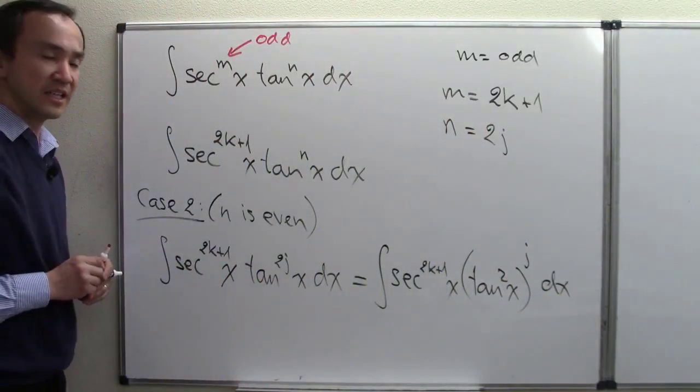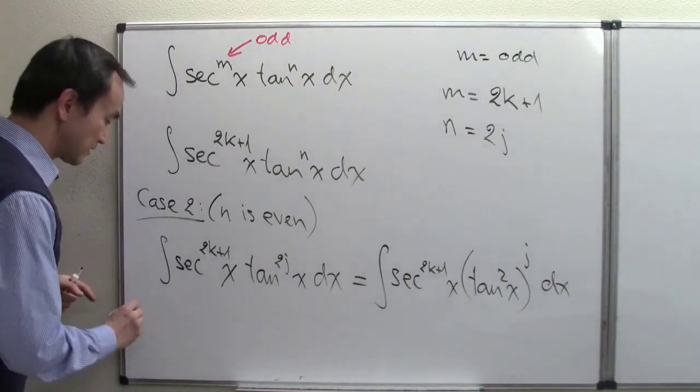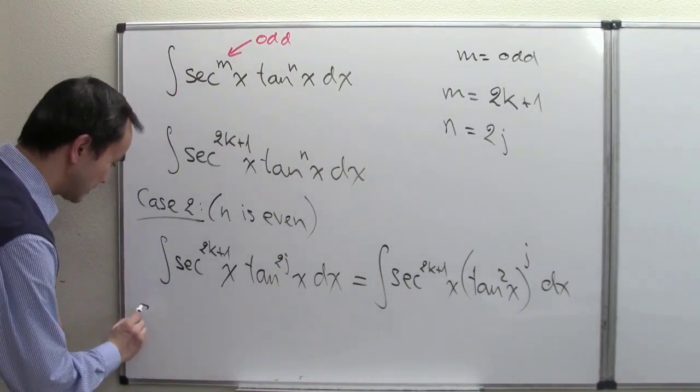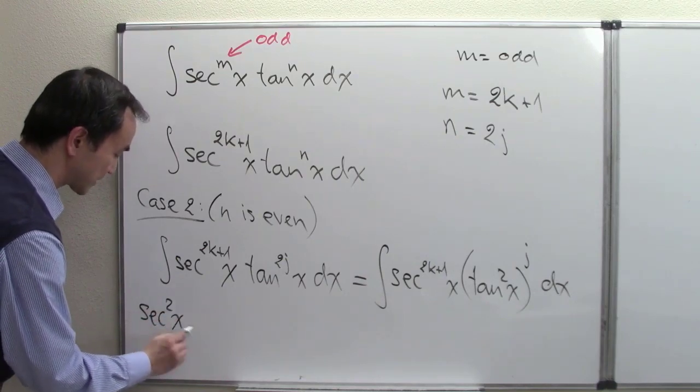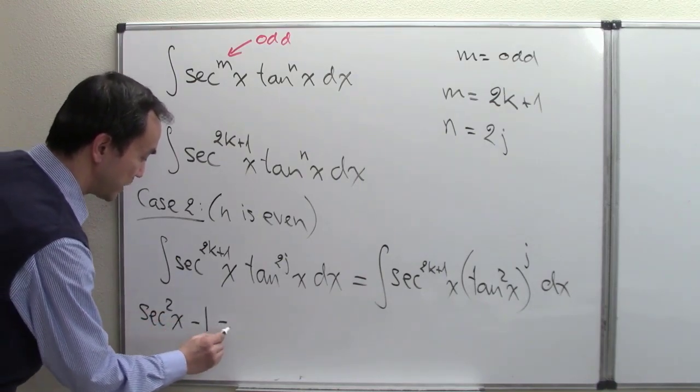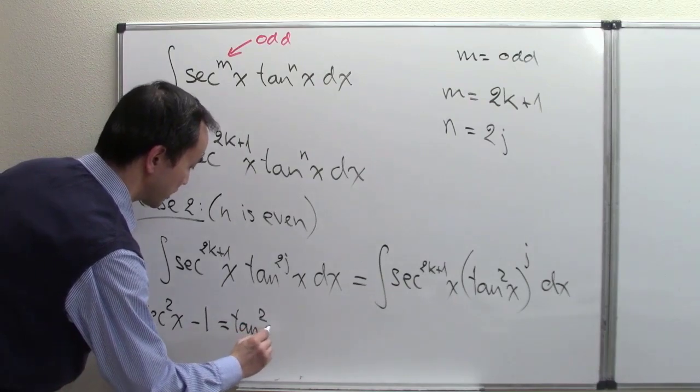Again, we have from trigonometry that secant squared of x minus 1 is equal to tangent squared of x.